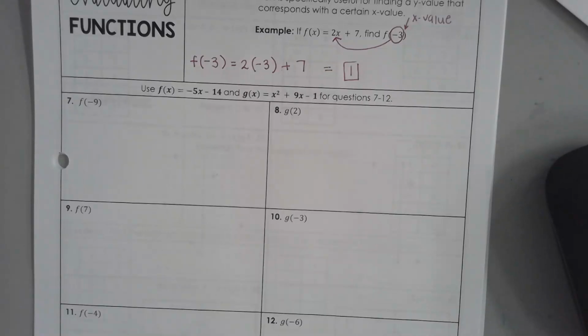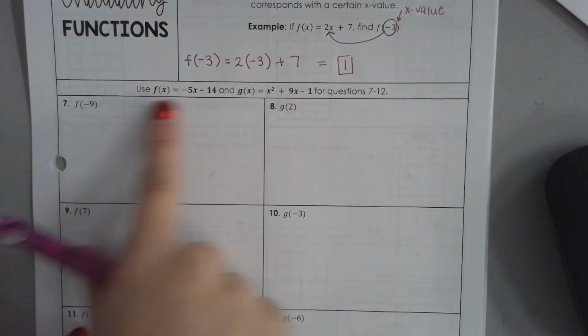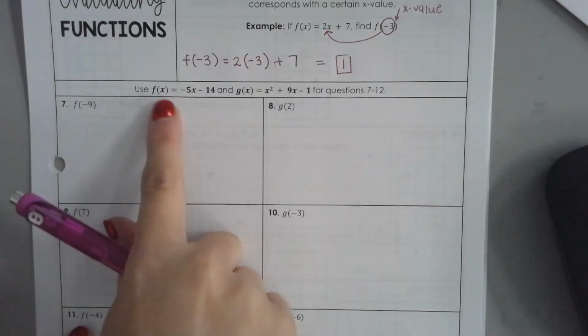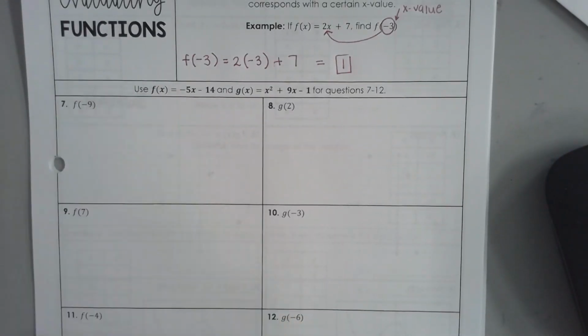Now, if I had put y equals on both of them, you wouldn't be able to tell which one's which. But now, if it says f of, it's the first one. If it says g of, it's the second. So number 7, f of negative 9. So I'm using the one that starts with f of x.